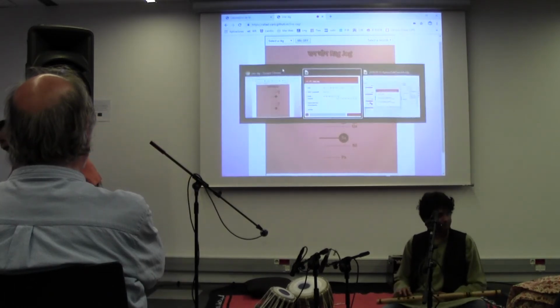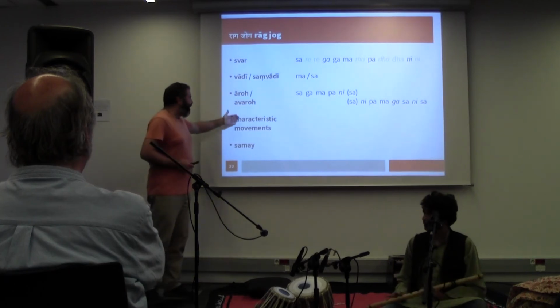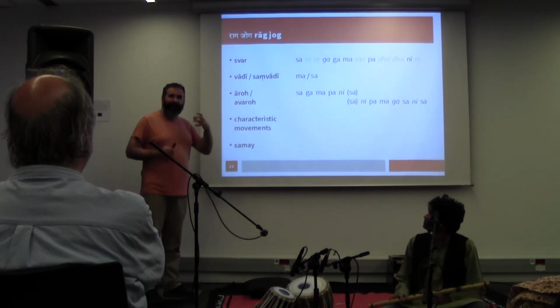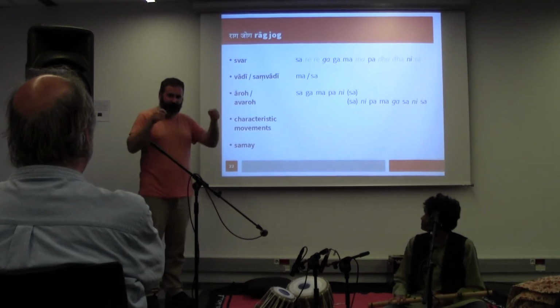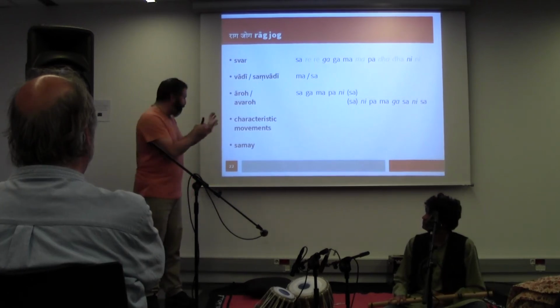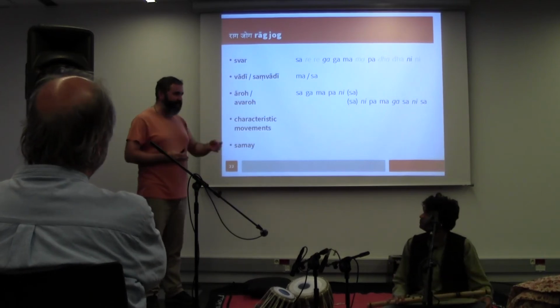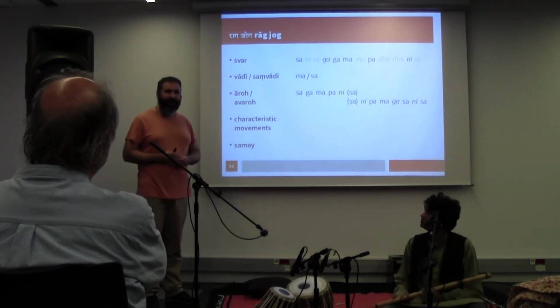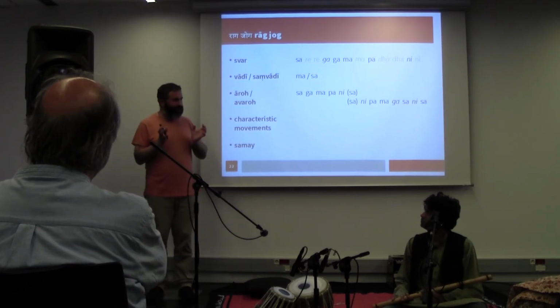So another characteristic of the raga is the characteristic movements of phrases of melodies, and there is no closed fixed repertoire of these characteristic movements. So I thought that the best way to see that is to let Venkatesh play a small composition called Chalan.